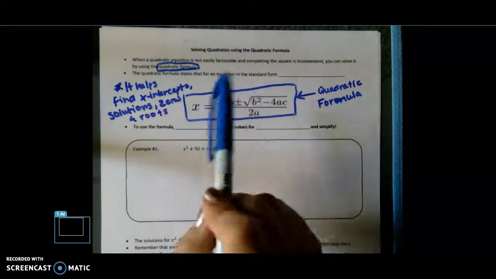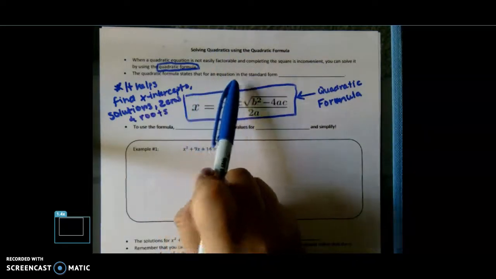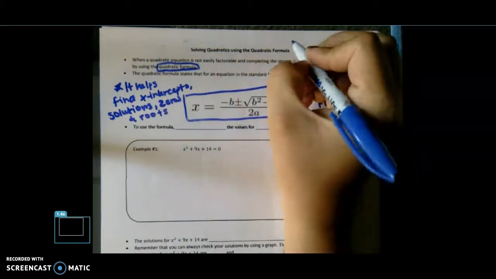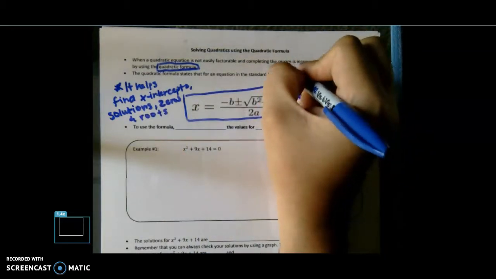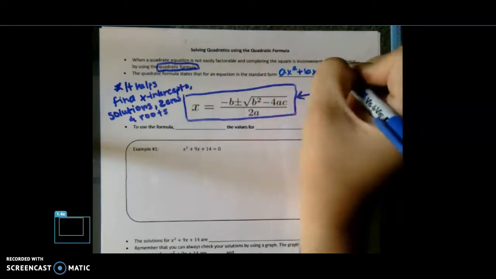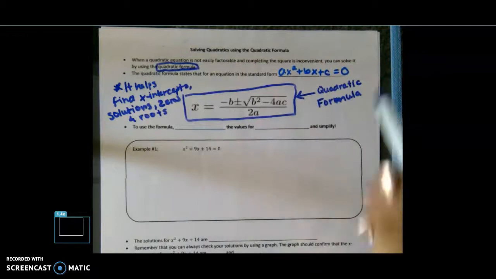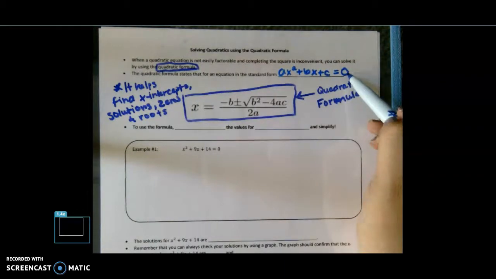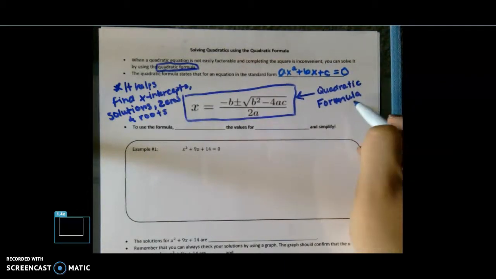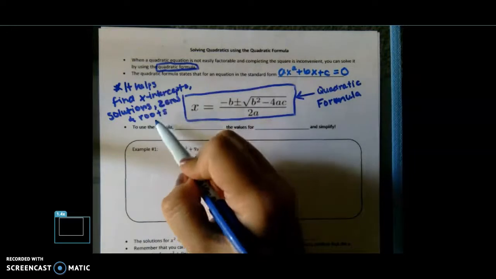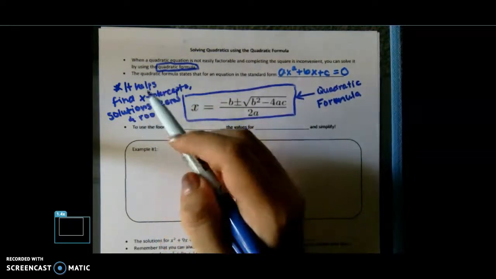Now, the quadratic formula states that for an equation in standard form, so they're talking about this standard form, guys, like when it's ax squared plus bx plus c equals 0, you can use this quadratic formula in order to find the x-intercepts, the solutions, the zeros, and the roots, which are all the same thing.